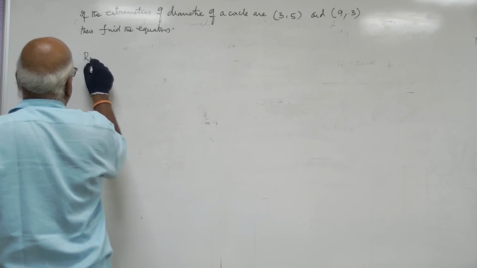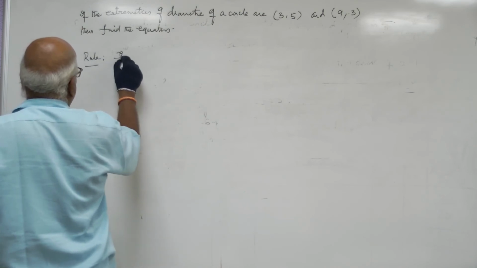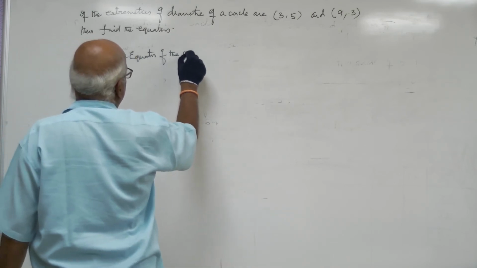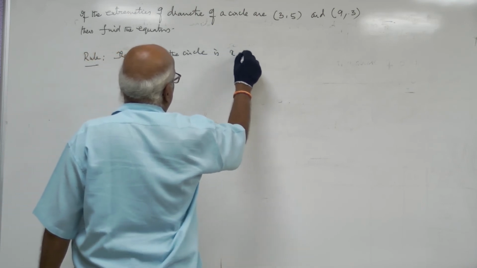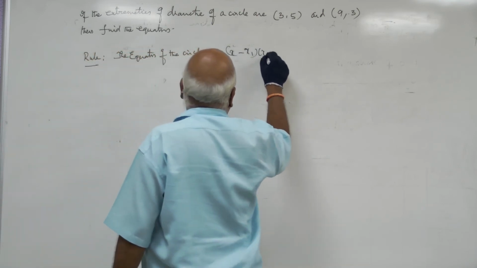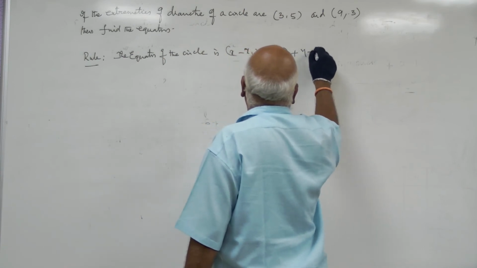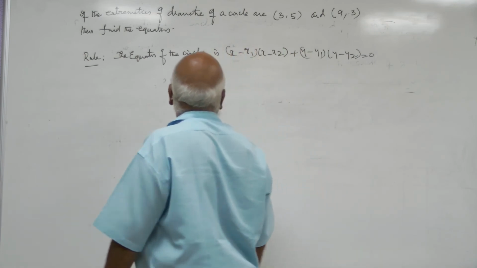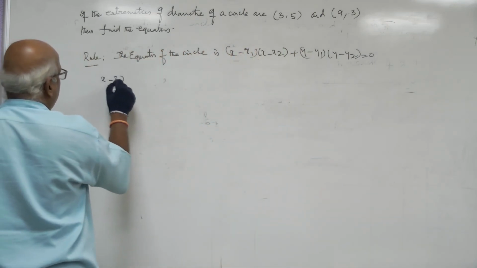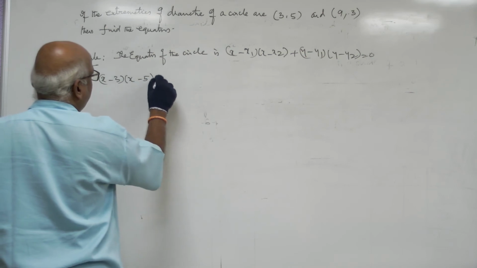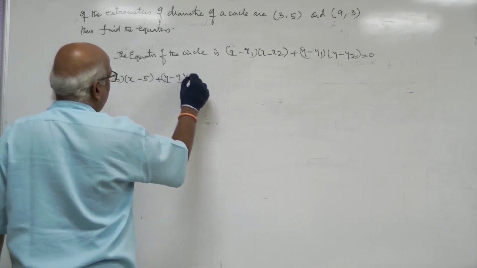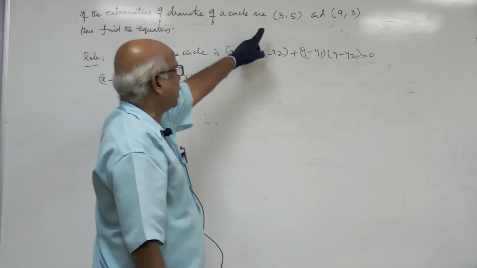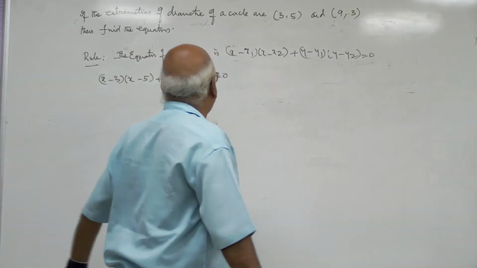What is the rule? The equation of the circle is x minus x1 into x minus x2 plus y minus y1 into y minus y2 equal to 0. X minus 3 into x minus 9 plus y minus 5 into y minus 3 equal to 0, because in the place of x1, y1 I wrote 3, 5, and x2, y2 I wrote 9, 3.